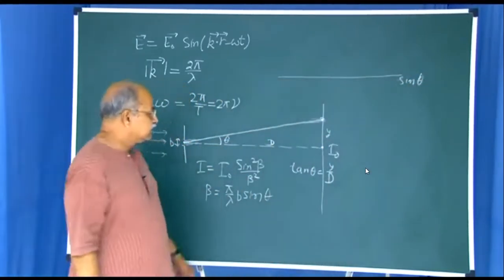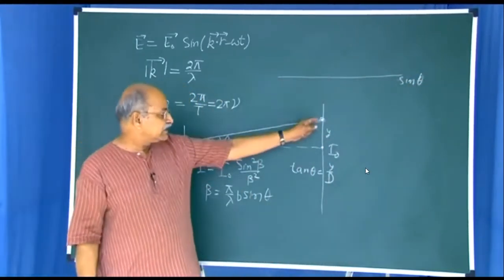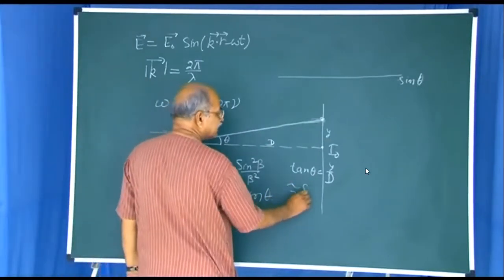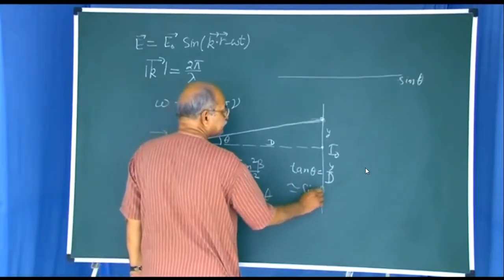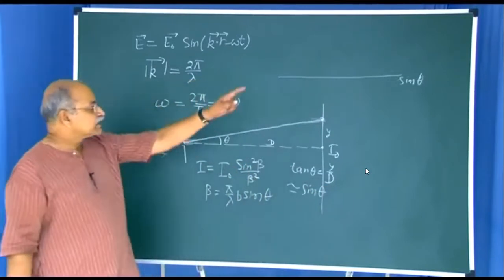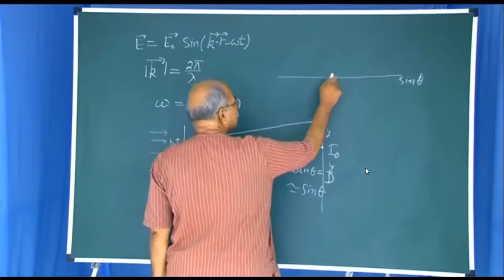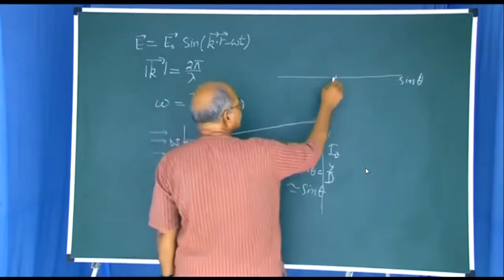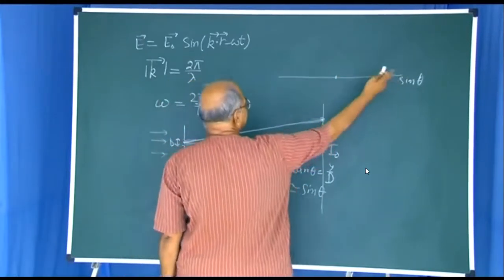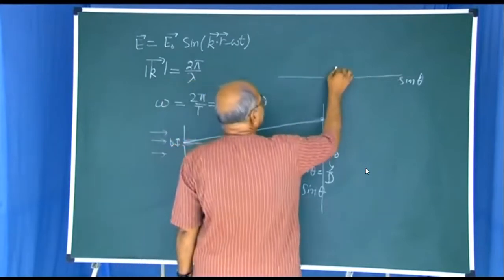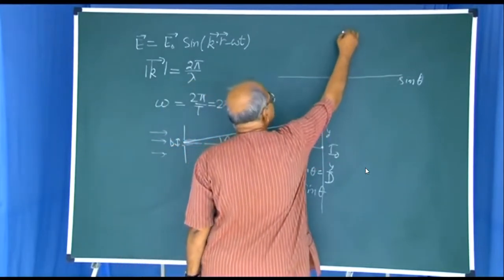If theta is small, if this y is small, tan theta is almost the same as sine theta. So we are plotting sine theta on this side, and this is, let us say, theta equal to 0. Then you have positive theta on one side, negative theta on the other side, and it's something like this.